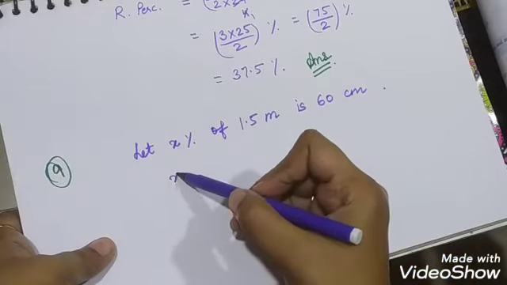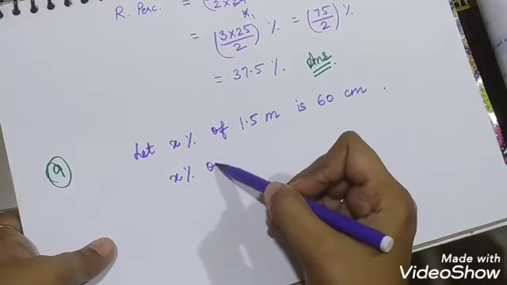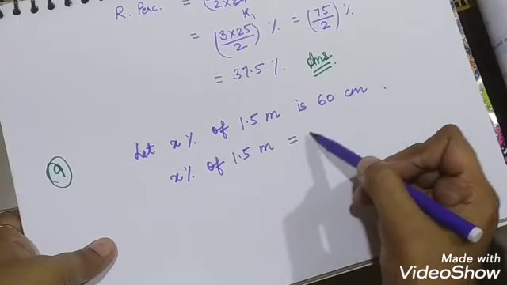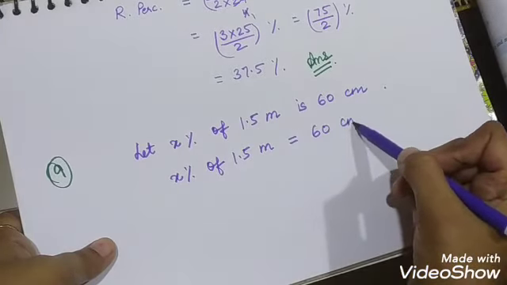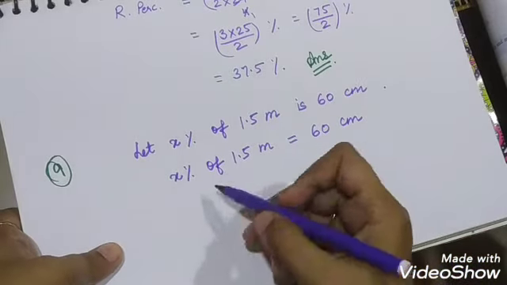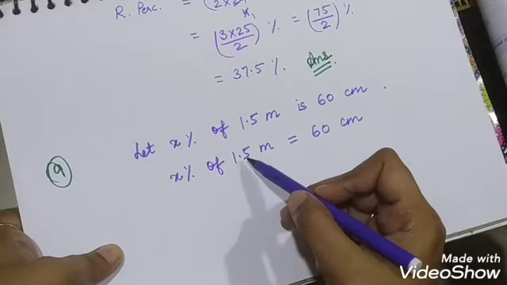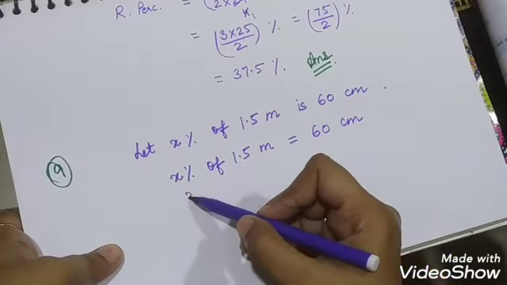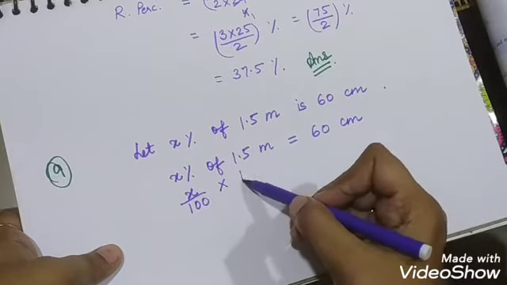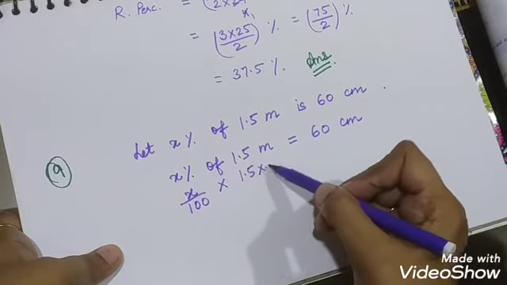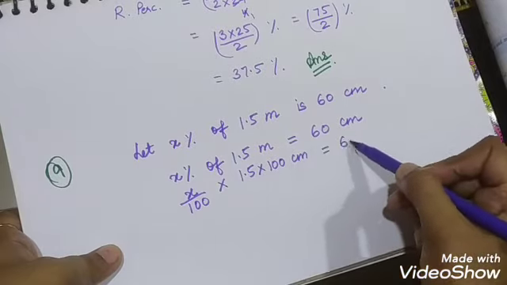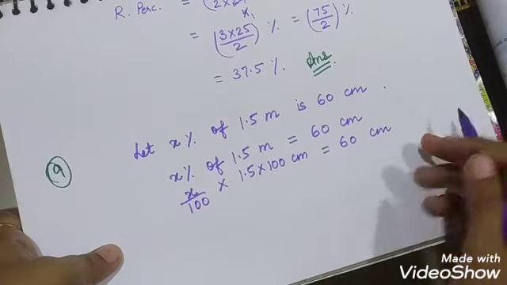So it means x percent of 1.5 meter is equal to 60 centimeter, and we have to find the value of x. So first we will convert meter into centimeter. x percent means x upon 100, of means into 1.5 into 100 centimeter, since 1 meter is having 100 centimeter, is equal to 60 centimeter.